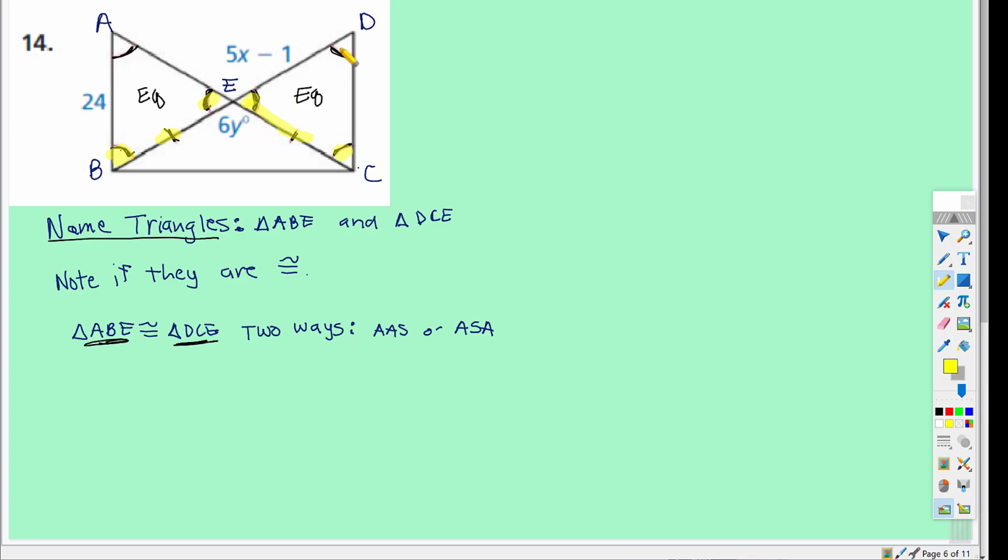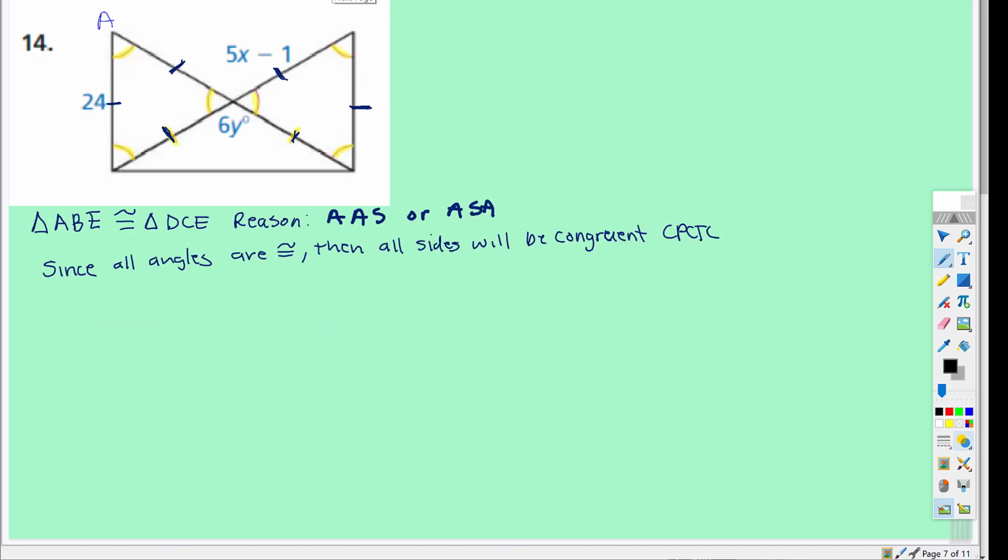We could have gone with this angle, this angle, this side, this angle, this angle, this side. So either way, we know that those two triangles are congruent. And because they're congruent, remember, corresponding parts of corresponding triangles are congruent. So let's go to the next part.